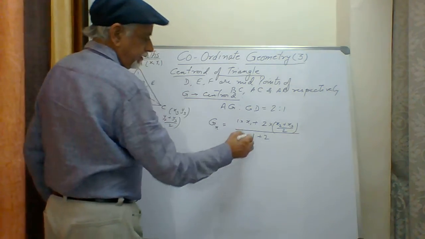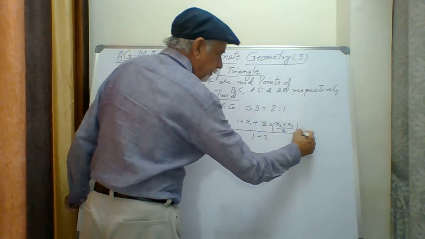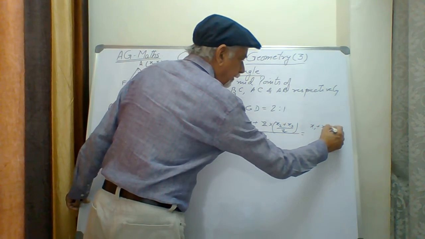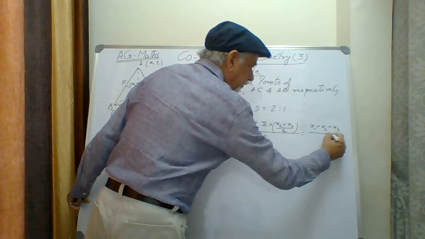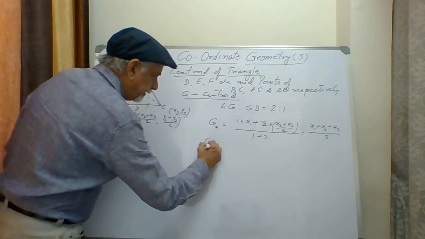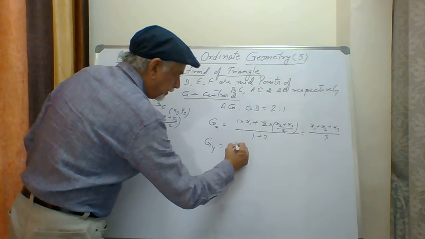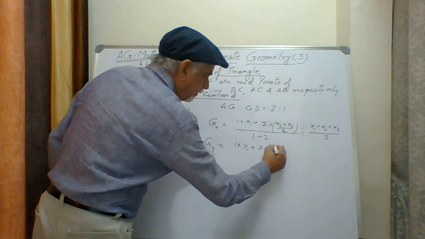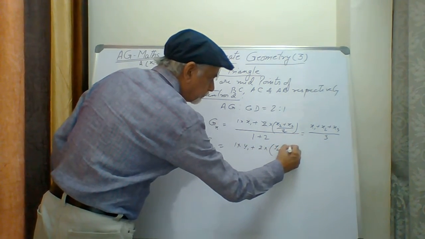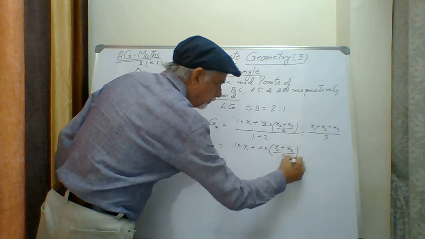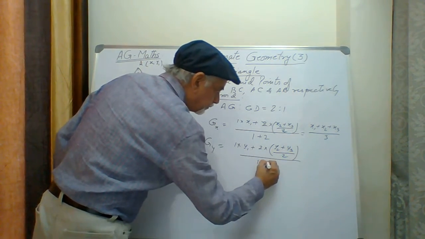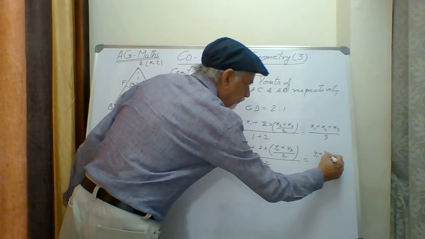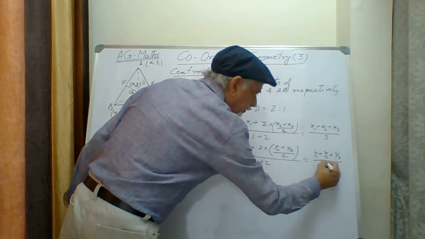This was Gx. If you cancel this 2 and 2, the answer is the sum of x1, x2, x3 over 3. Similarly, we get Gy, which is 1 into y1 plus 2 times y2 plus y3 over 2, whole divided by 1 plus 2, and comes to y1 plus y2 plus y3 over 3.